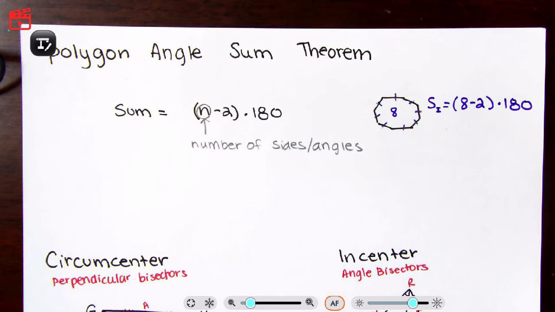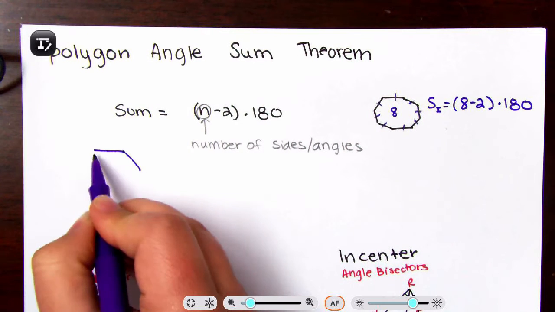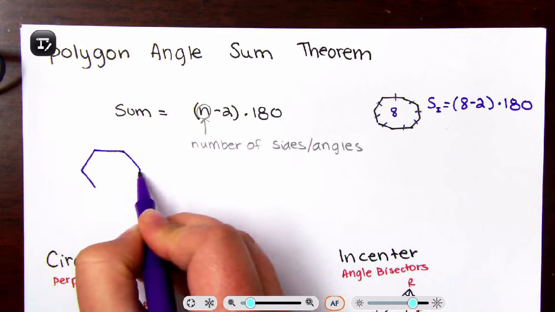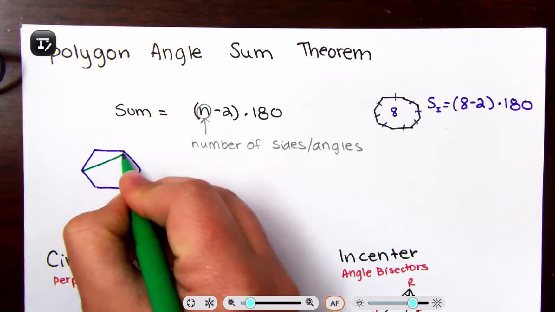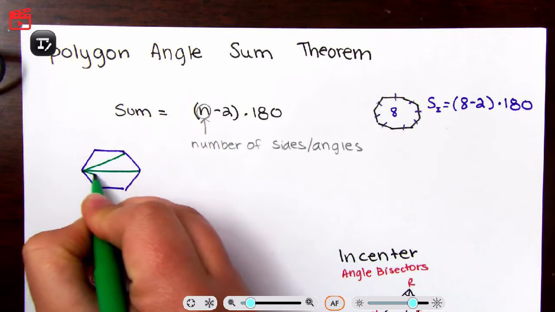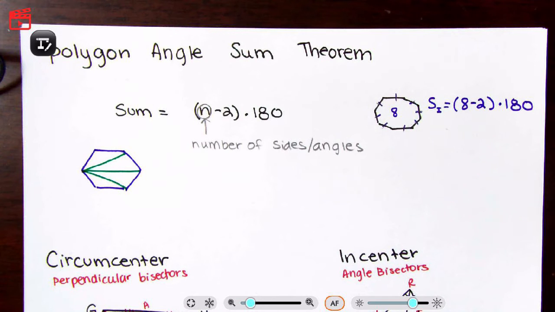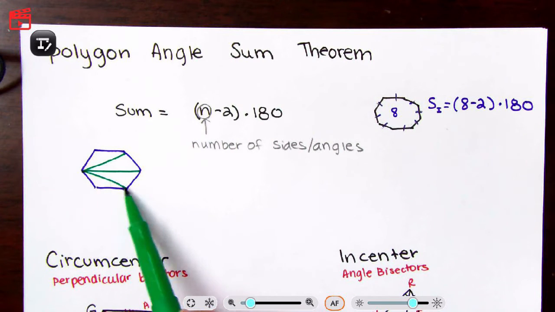Now you can do this another way. If you have something that's pretty small and easy to see, you can create triangles on the inside by selecting one angle and drawing to the other inside edges, but not the one that's next to it, the one on the opposite side.